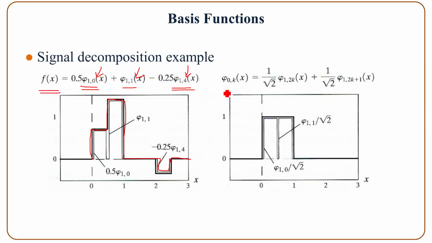And also a scaling function can be expressed in terms of other scaling functions. So the scaling function at level j equal to 0 can be expressed in terms of other scaling functions at level 1. Basically, when you go up in terms of level, the functions are shrunk or compressed, and you are able to use the function to express more detail.